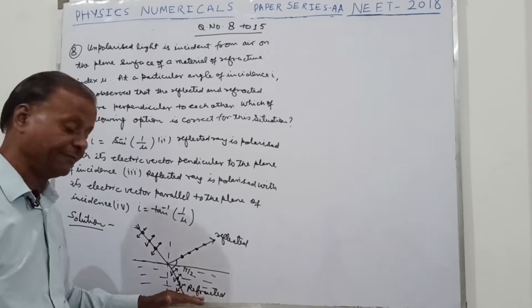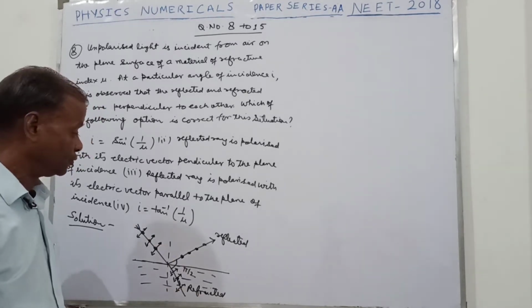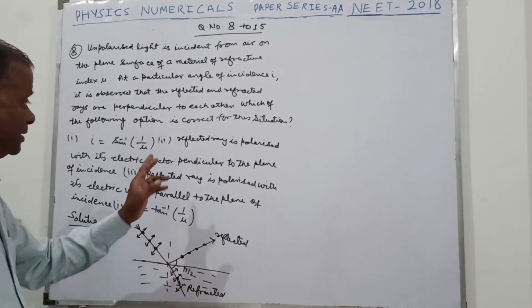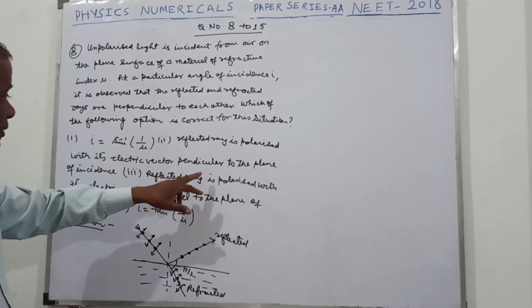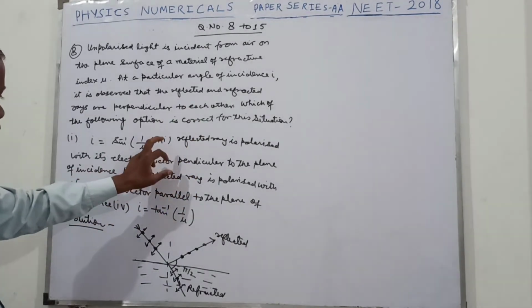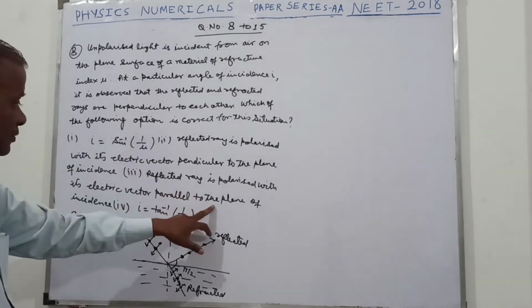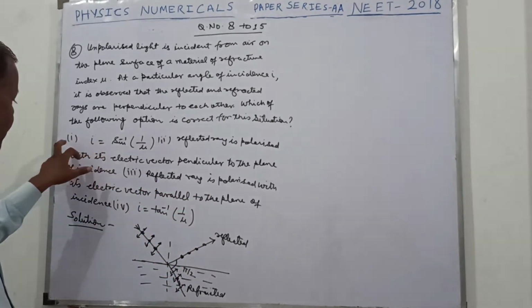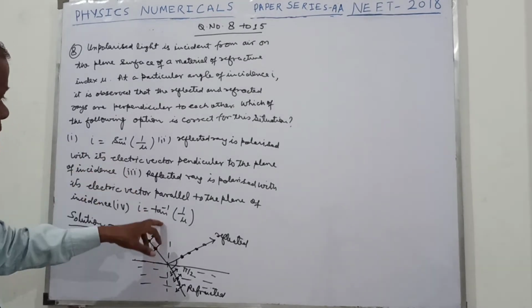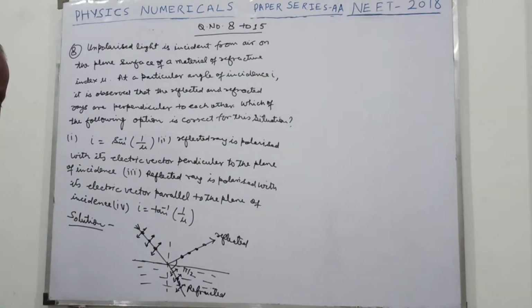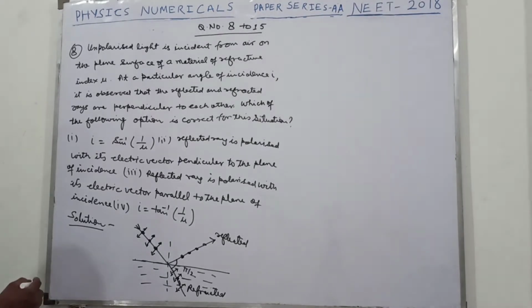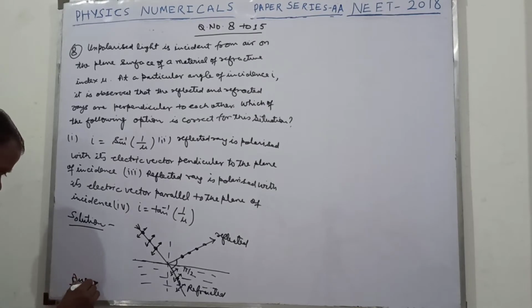So in the reflected ray we have only the electric vector perpendicular to the plane of incidence. So the second option is right, the third is wrong, and the first and fourth are quite wrong because there is no such relation. So our answer is the second.